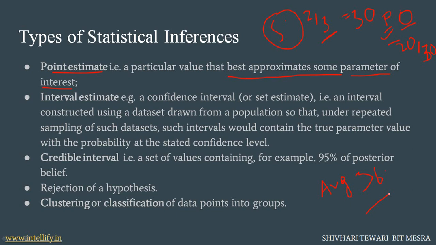In that case, he has estimated that the average income of the city in the Philippines is 36,000. This kind of estimate is known as an interval estimate. This is also a type of statistical inference, which gives an estimate about an interval constructed using a data set drawn from a population.